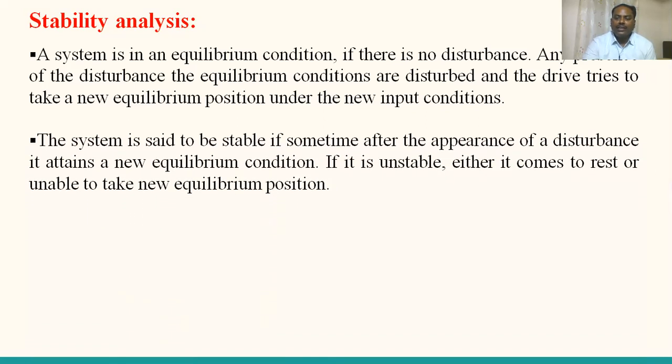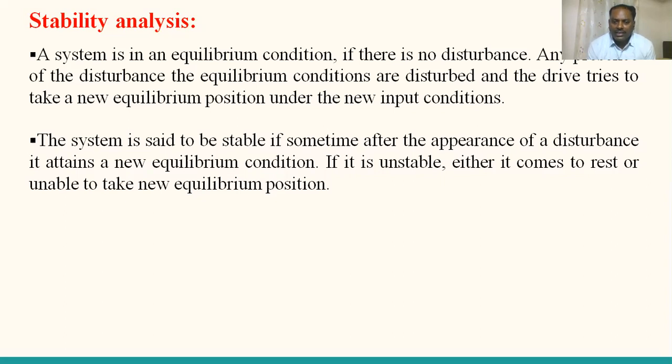When is the system said to be stable? A system is said to be stable if, some time after the appearance of the disturbance, it attains a new equilibrium condition. After the commencement of the disturbance, the system goes to a new equilibrium position; that is nothing but a stable system.